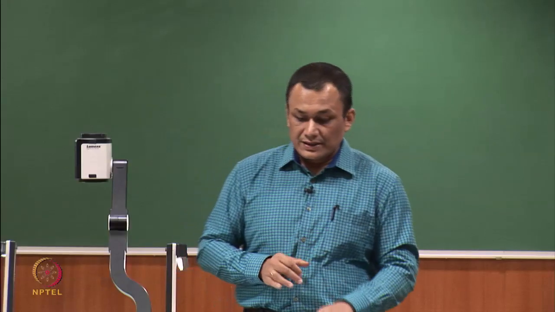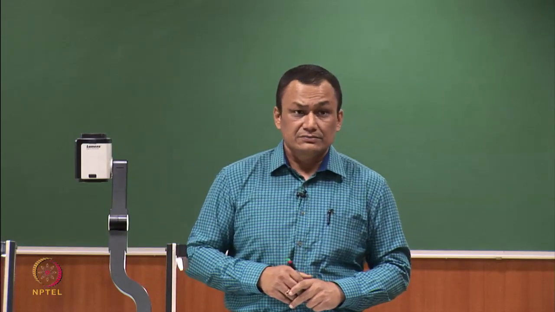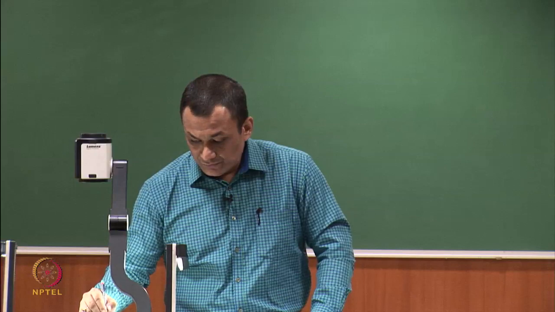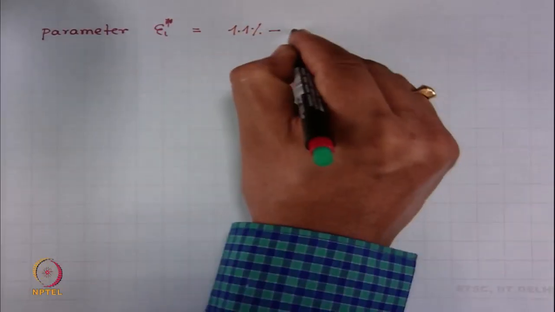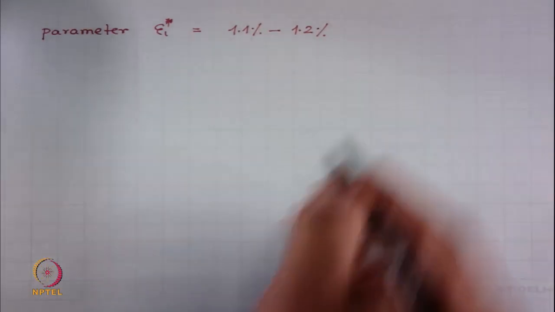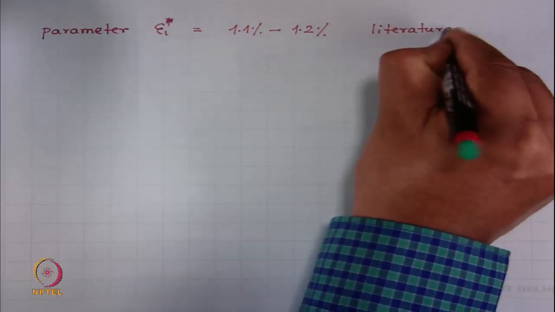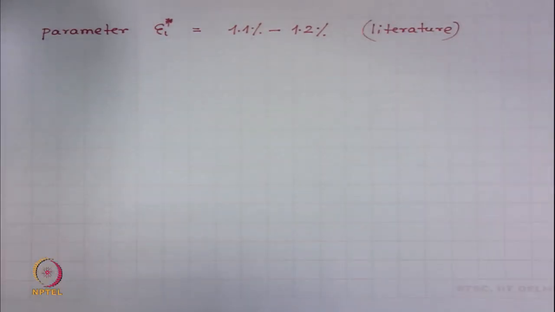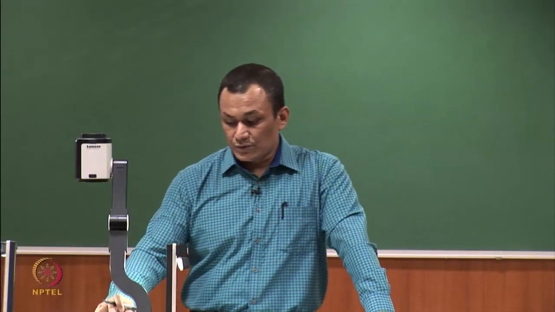Generally speaking, in different literature you will see this value is reported as 1.1% to 1.2%. In the book Physical Properties of Fibers by Morton and Hurd, you will see very similar values are reported for this quantity.